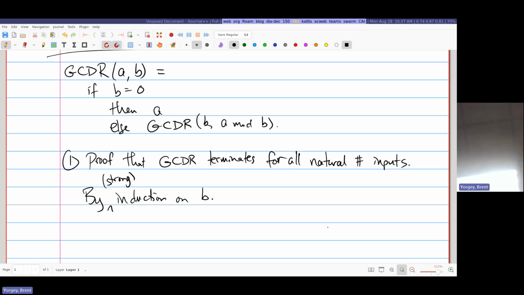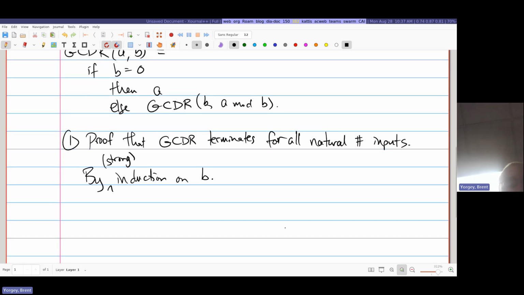But we don't care, as long as one of them is getting smaller. In practice, what actually happens is that the very first time it calls itself, they'll swap, and then from then on, both of them will be getting smaller. We don't need to be that precise about it, though. As long as we can say the second argument is always getting smaller, so it can't keep going forever, it doesn't matter what happens to the first argument. It could be getting bigger every time. It could be jumping around wildly. We don't care. The second one's getting smaller.